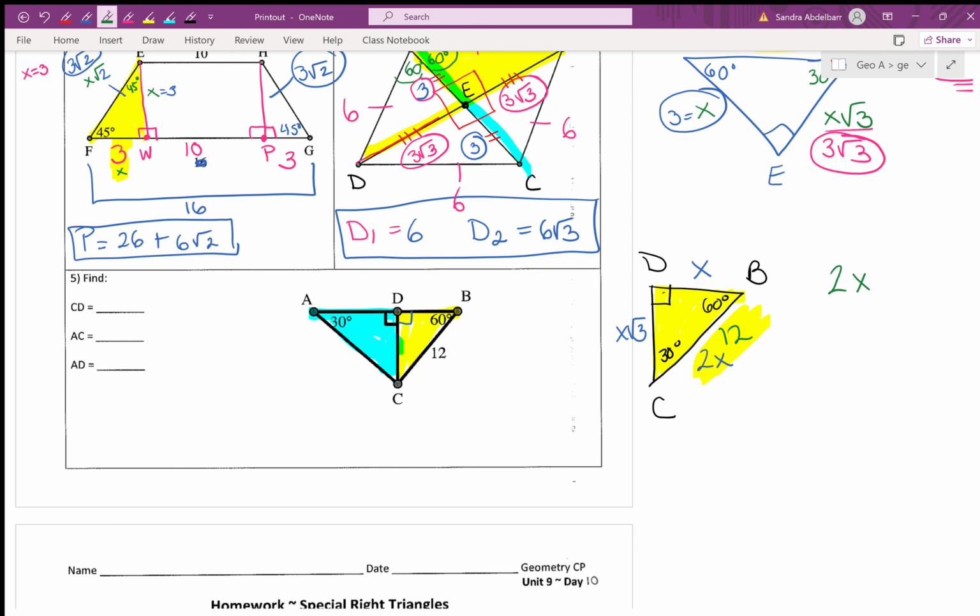So 2x equals 12, so x will equal 6. That means DB is 6, and DC is 6 root 3. So when it says find CD, we got 6 root 3.